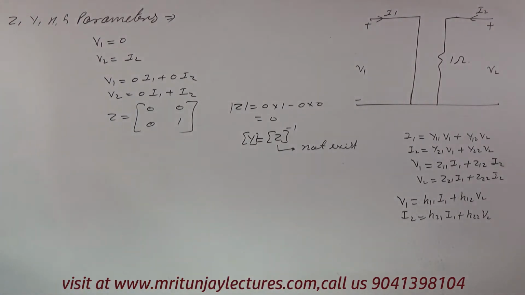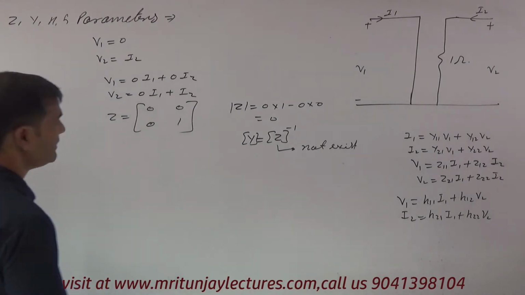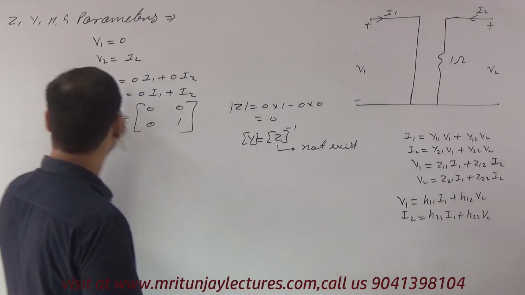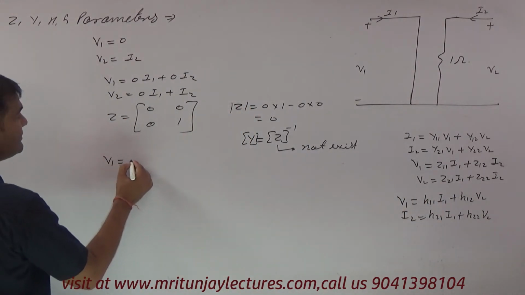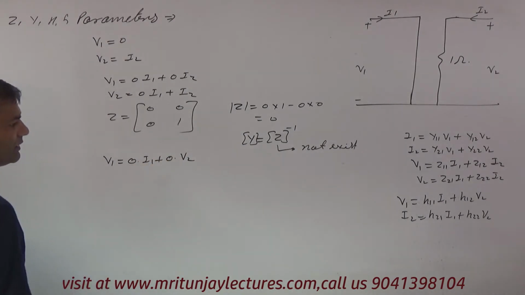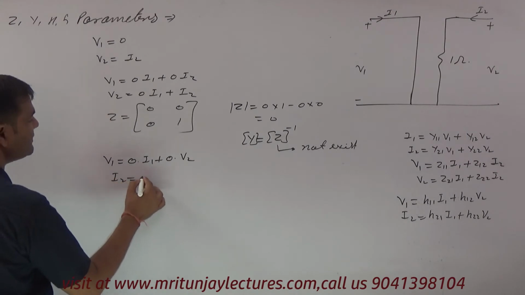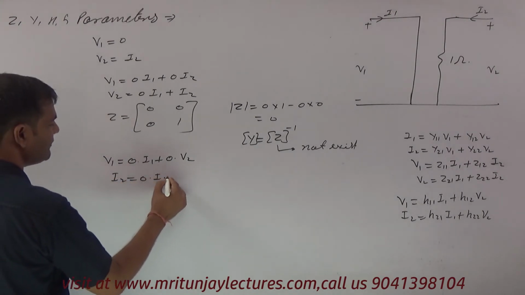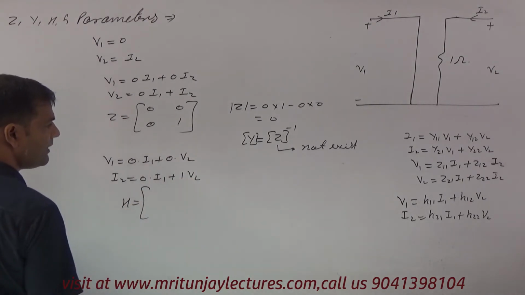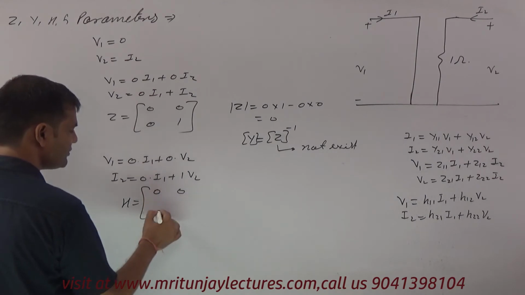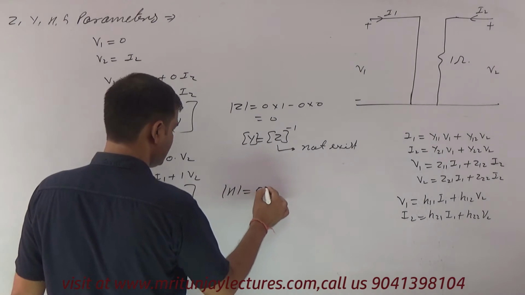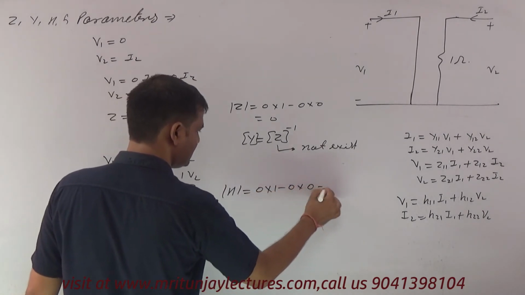Clear? Now my next one, the H and G parameters. H parameter means V1 in terms of I1 and V2, so it is written as 0 into I1 plus 0 into V2. Now what about I2? I2 is written as 0 into I1 plus 1 into V2. So H is written as 0, 0, 0, 1. Same thing, mod H is 0 into 1 minus 0 into 0, that is 0.